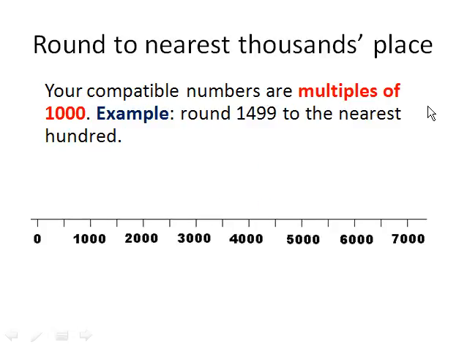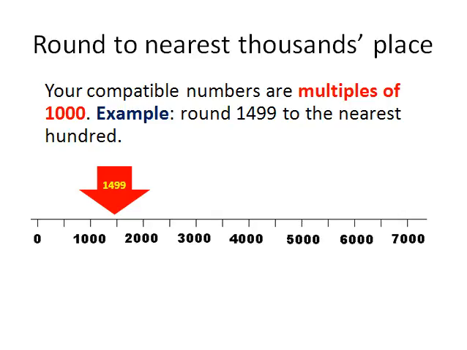One more example. Let's say they ask us to round to the nearest 1,000, and the number is 1,499. Again, you have to visualize that if we're going to round to the nearest 1,000, we have a number line in which we're counting by thousands. Let's find out where 1,499 is in this number line. There it is. Now you can see that 1,499 is in between 1,000 and 2,000.